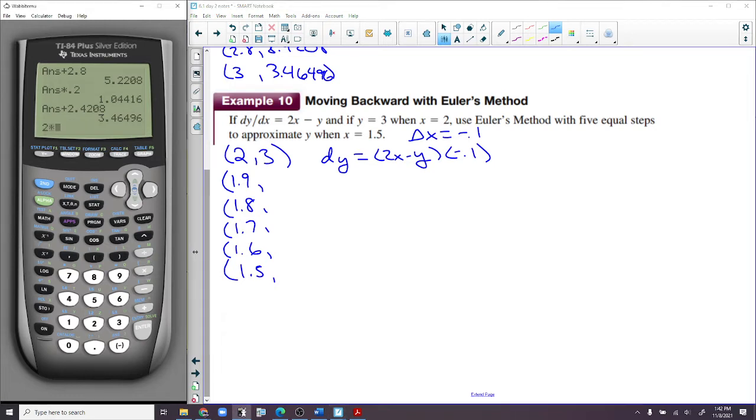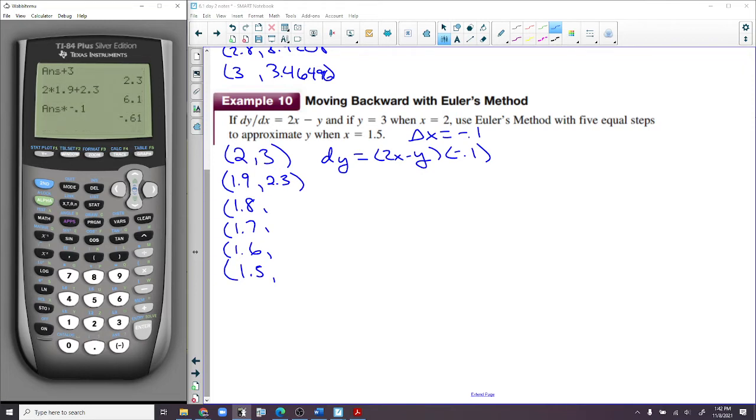So 2 times 2 plus 3, there we go. There's the 2x minus y times negative 0.1. Oh, excuse me. 7 times negative 0.1. That's the change, and we'll add that to 3.